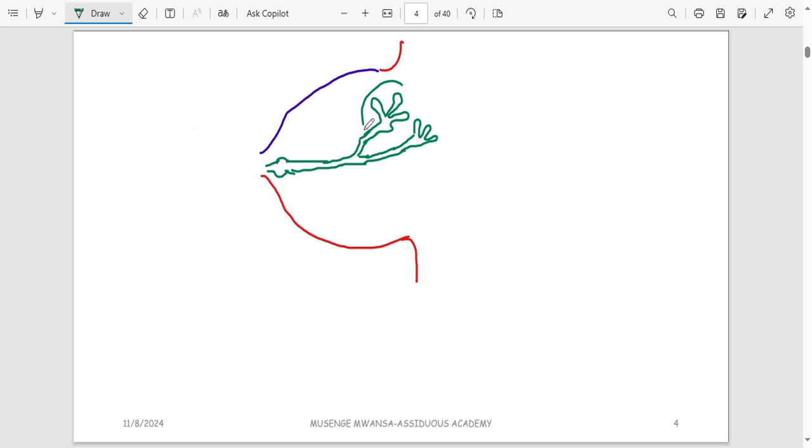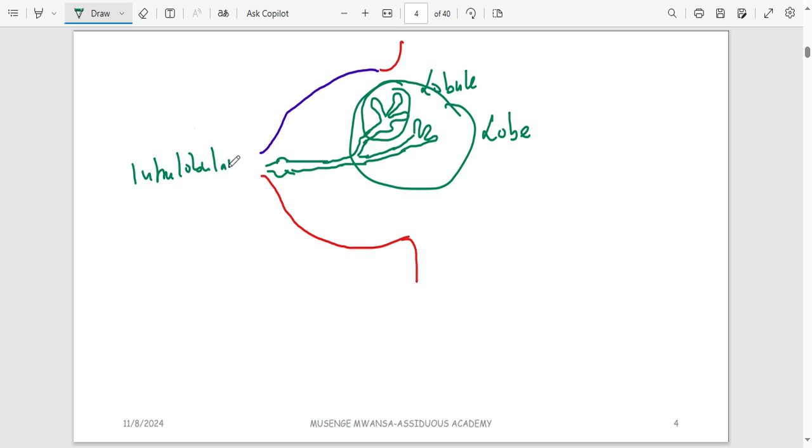So this one alone is known as a lobule. A group of lobules will make up a lobe. So that's why you are going to hear of intralobular, meaning inside the lobule, and interlobular or interlobar, meaning between lobes, while this is within the lobules.